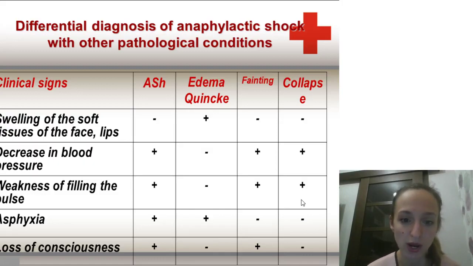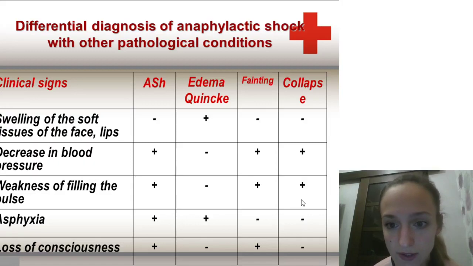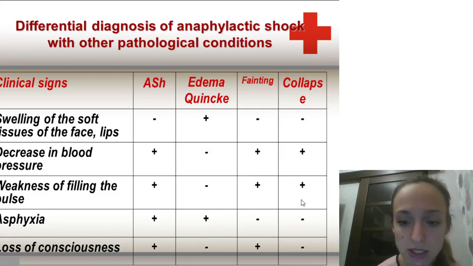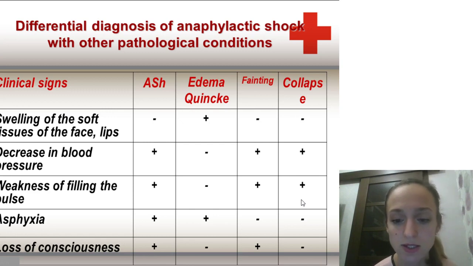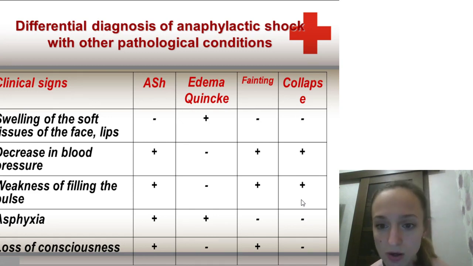Decrease in blood pressure: plus in anaphylactic shock, fainting, and collapse. Weak pulse: plus in anaphylactic shock, fainting, and collapse. Asphyxia: plus in anaphylactic shock and Quincke's edema. And loss of consciousness: plus in anaphylactic shock and fainting.